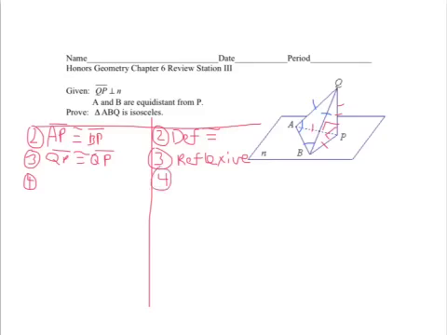All right, now let's go to the angles that we were talking about. So we know that QP is perpendicular to AP, and that QP is perpendicular to BP.